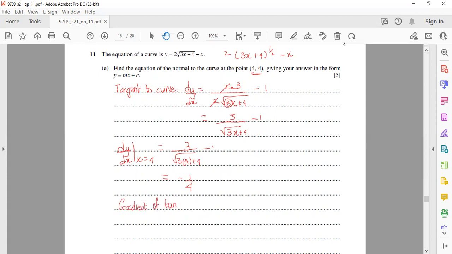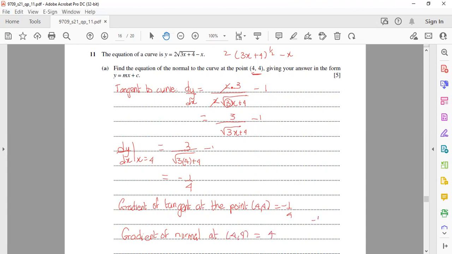So the gradient of the tangent at the point 4, 4 is equal to minus 1/4, which implies that the gradient of the normal, the one which is perpendicular to the tangent, at 4, 4 should be equal to 4.